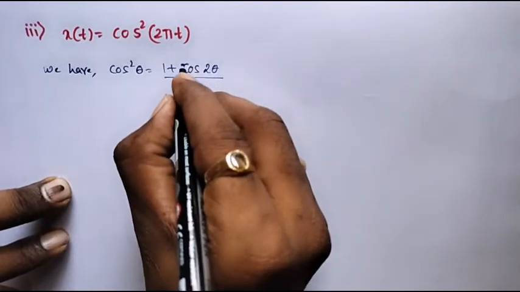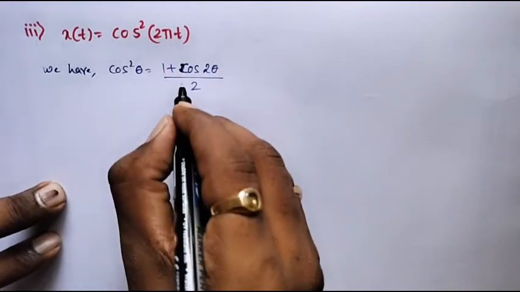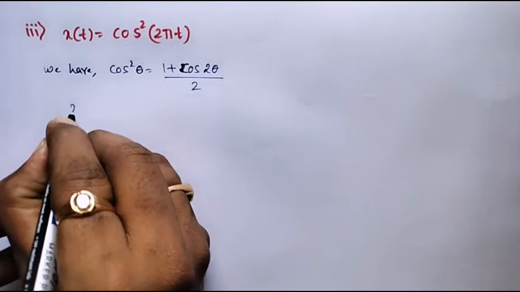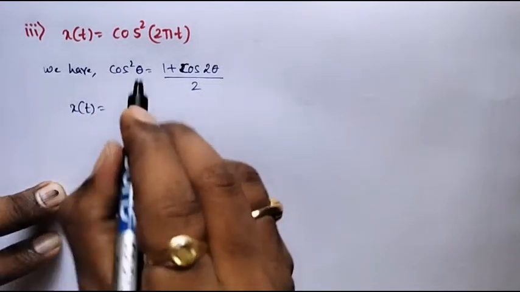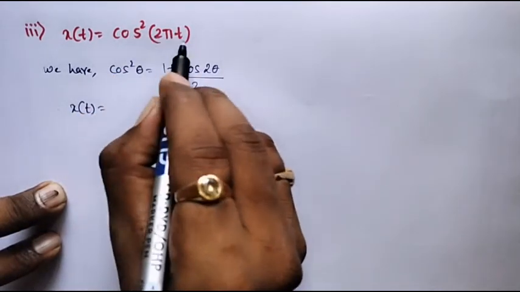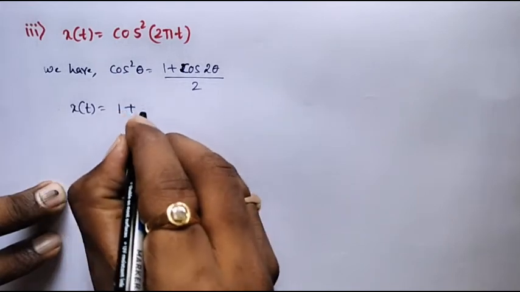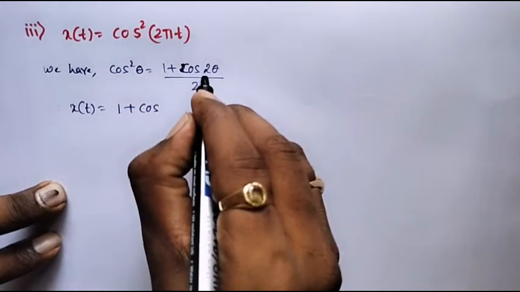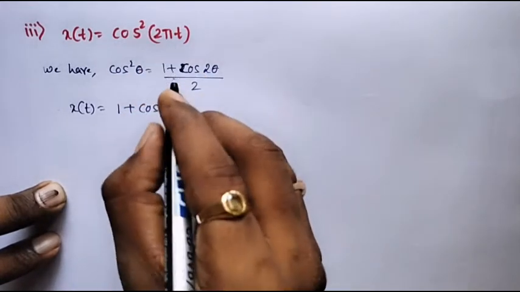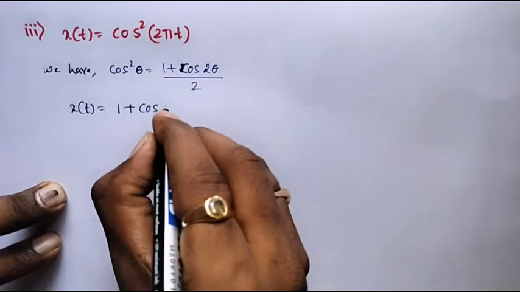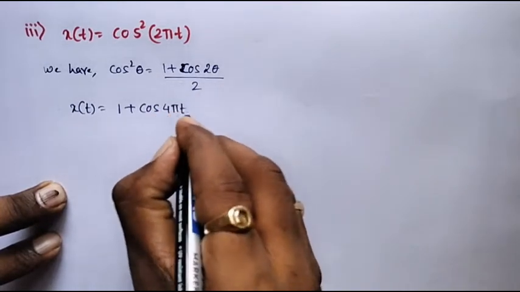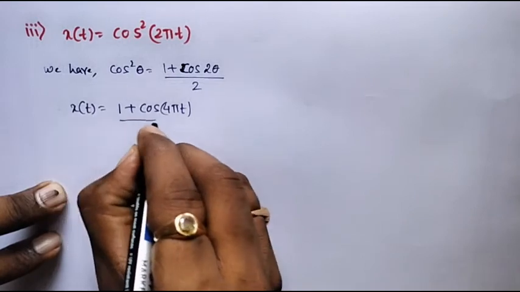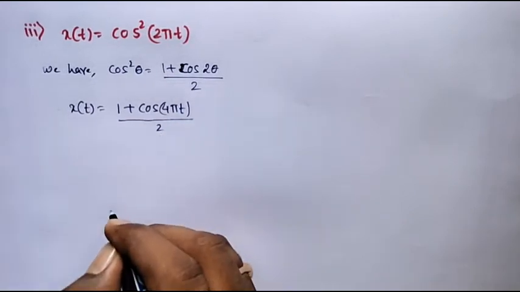So now we'll express the same expression in this form. Therefore x of t is equal to, here theta is 2 pi t, 1 plus cos 2 into 2 pi t, that is nothing but 4 pi t, divided by 2.